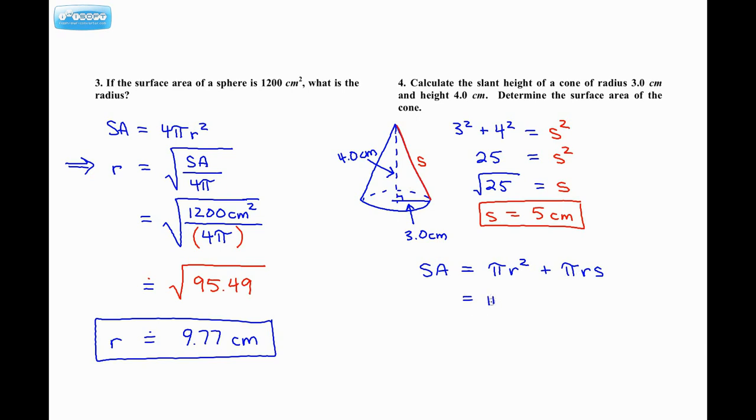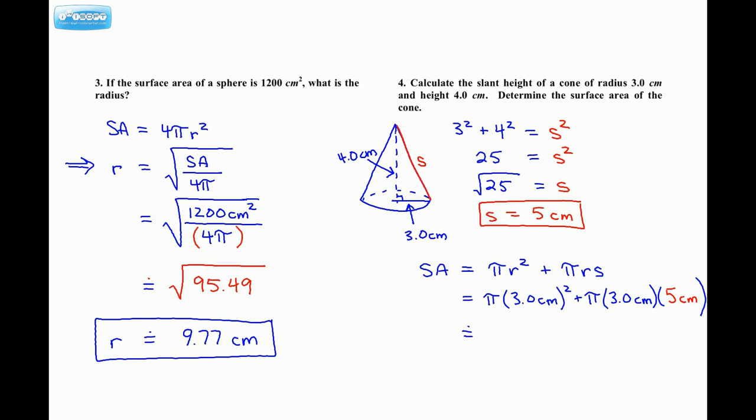So this is pi times the radius squared, and the radius, of course, is still 3. So this is 3 centimeters squared plus pi times the radius again times the slant height that I just found. And there we go.